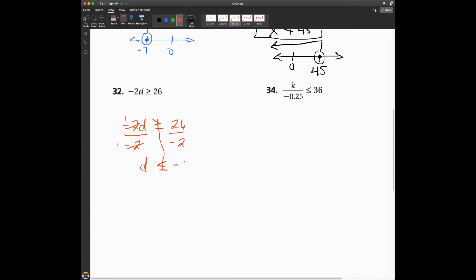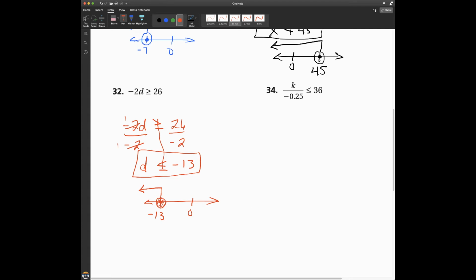So this is d is less than or equal to negative 13. Then we can graph this one. Here's negative 13 and here's 0. I draw a circle around that and go to the left. Do I shade it in? Yes, I do, because it's also equal to negative 13.